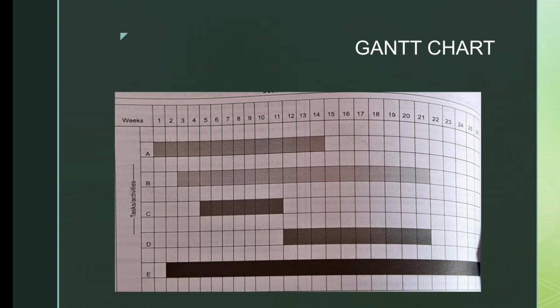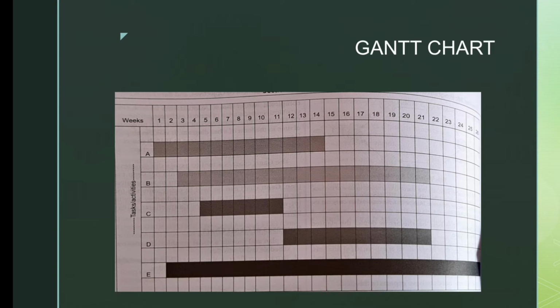Some tasks are independent; for example, task A will start at the beginning of a project. You can see clearly how the vertical and horizontal axes arrange the weeks and tasks, and when to start and when to complete.